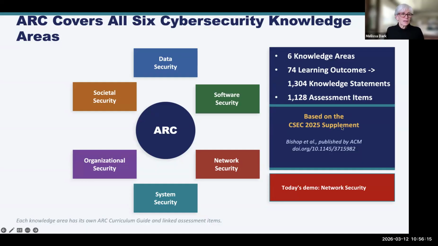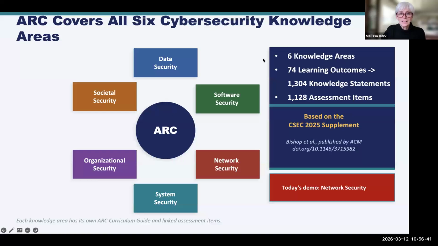CSEC is an accreditation standard published by the ACM, used to accredit undergraduate and associate degree programs. We created a supplement based on that to say what should go into a Cyber 1 course, Introduction to Cybersecurity. You can download that document and look through it at no charge.